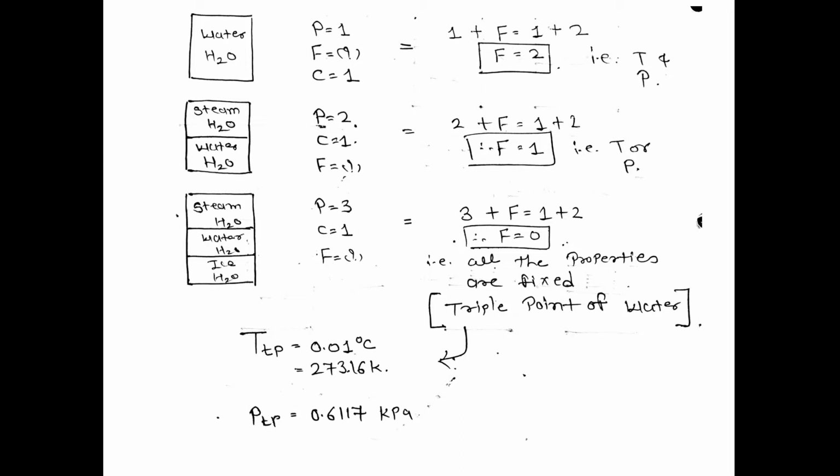So remember these two, TTP and PTP, the triple point temperature and pressure, and in the triple point chart you can find this pressure and temperature at this point. All the properties of the water are fixed, and from this point you can find the single composition H2O, which is available in three phases: steam, water and ice.